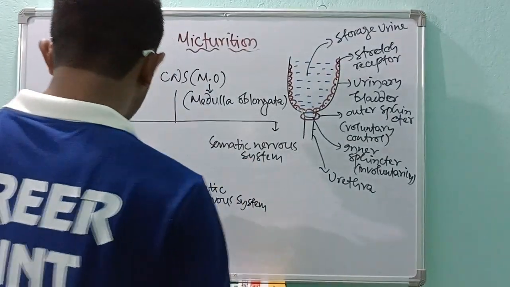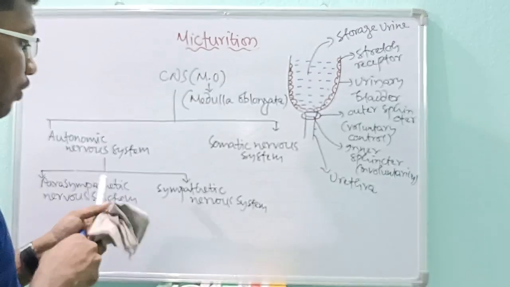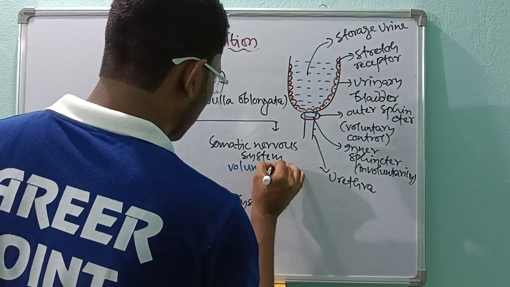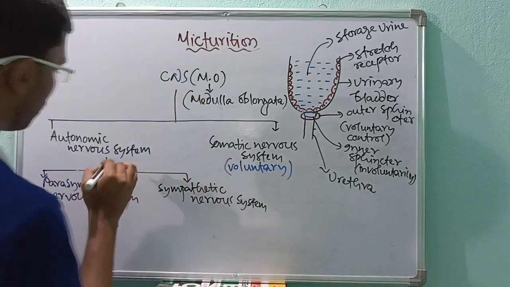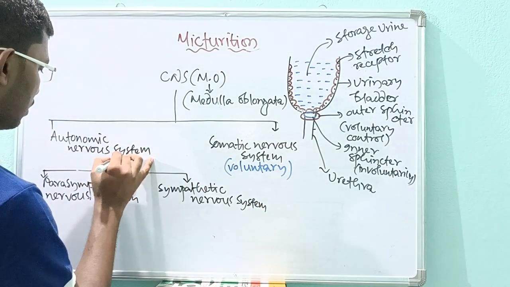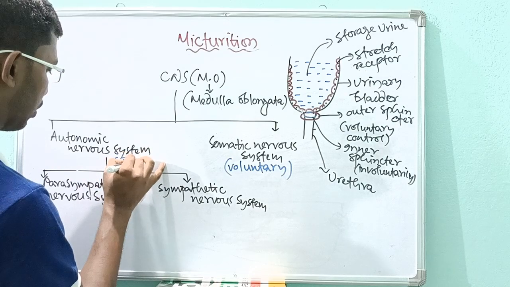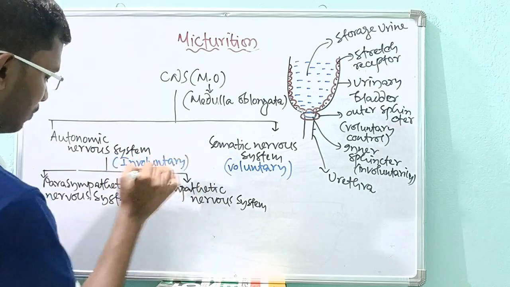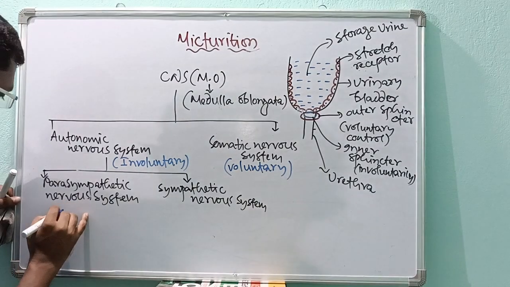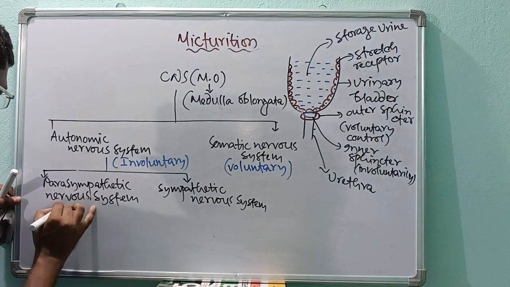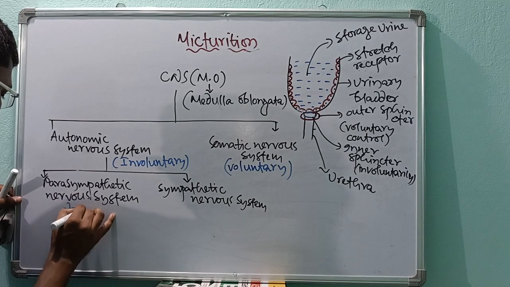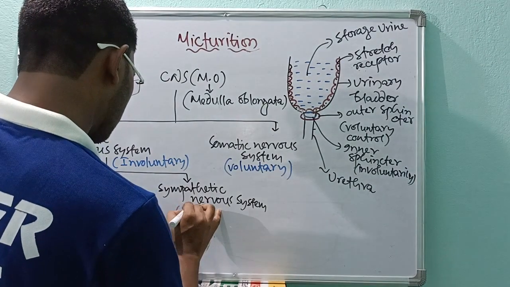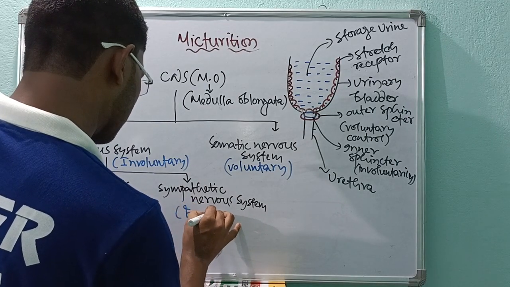The somatic nervous system is regulated voluntarily, its actions are controlled voluntarily, while the autonomic system acts involuntarily. The parasympathetic nervous system works during normal situations. The sympathetic nervous system works during emergency situations.